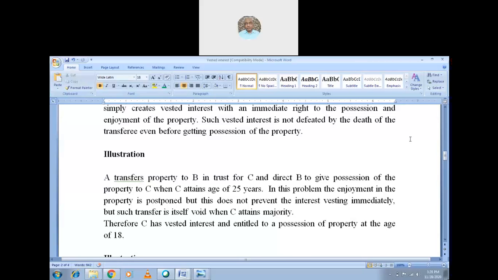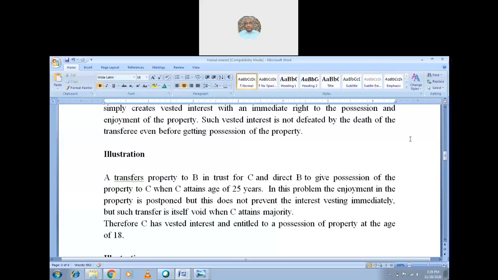The point here is that the person to whom the property is transferred can hold the property only until C attains the age of 18. Suppose he holds the property even after C crosses 18, such a transfer is said to be void. So the enjoyment is postponed, which does not prevent the vested interest immediately, but such a transfer is itself void when C attains the majority.